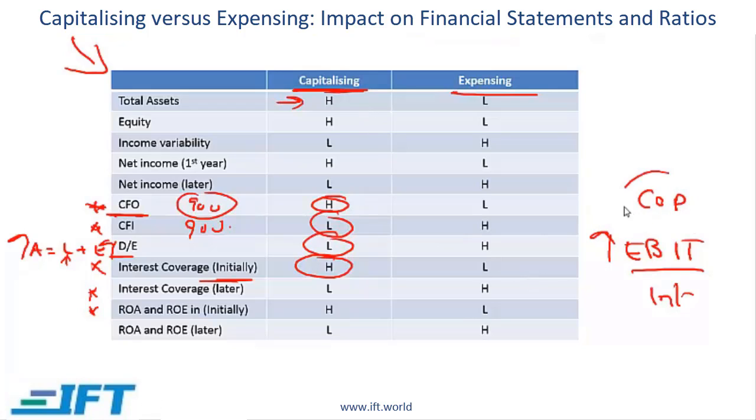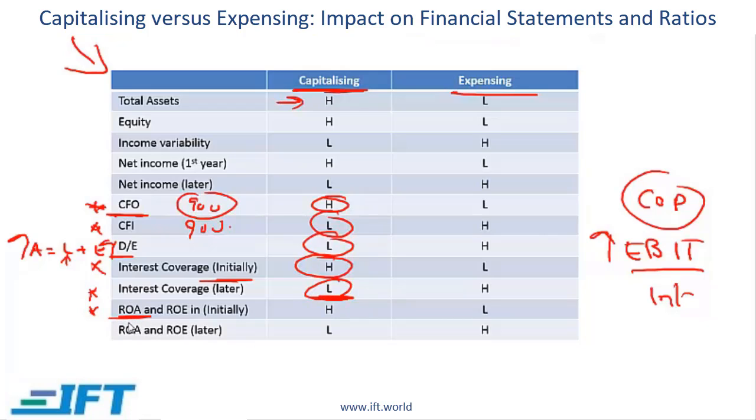Since EBIT is higher, the interest coverage is higher. But what about subsequent years? In subsequent years, the EBIT is going to be lower for the capitalizing firm because depreciation is included in EBIT and depreciation reduces EBIT. Therefore, we have a lower number for the capitalizing firm.